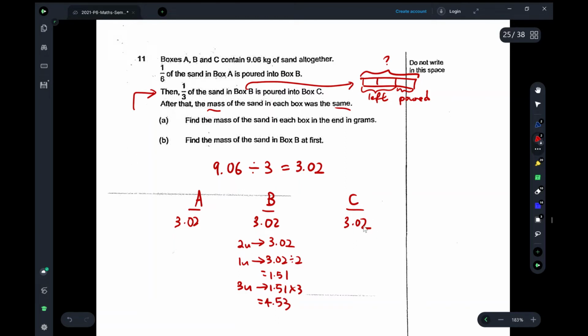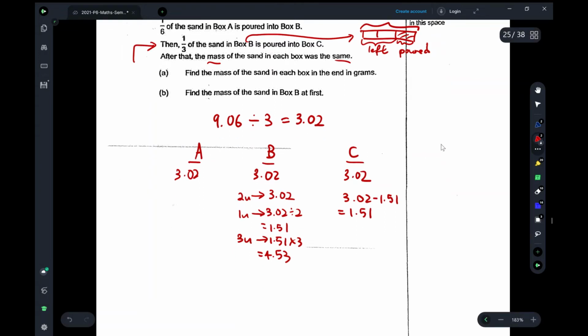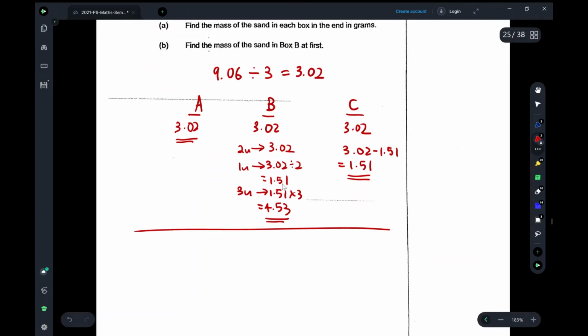C only has this much sand after box B poured this 1 unit over. So to work backwards, I need to minus away whatever was given, which is 1 unit, which is this one. Okay, 1.51. Okay, so before this step happens, they actually have 3.02, 4.53, and 1.51. Okay, so the last step is clear. The work back was 1 step.